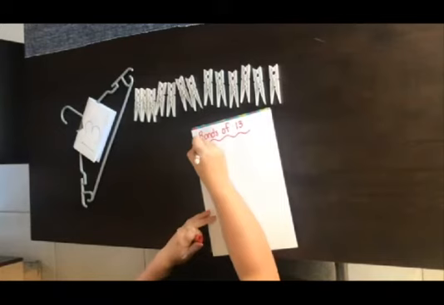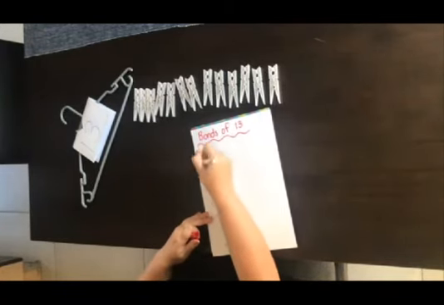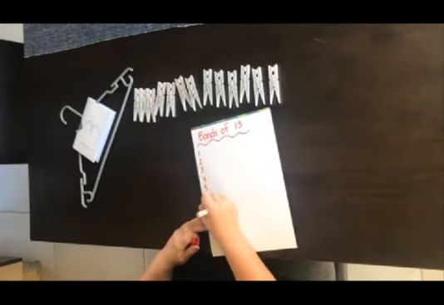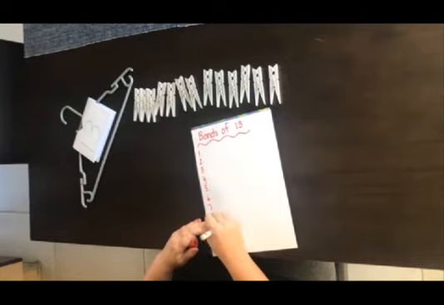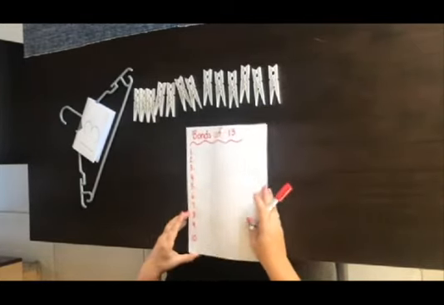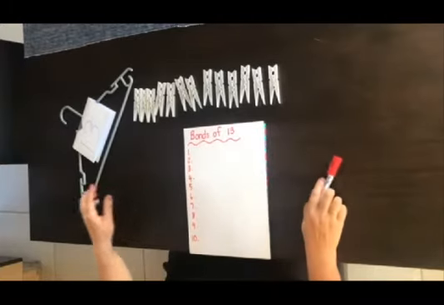Then I want you to write 10 numbers on your sheet of paper, because you are going to find 10 ways of making bonds of 13.